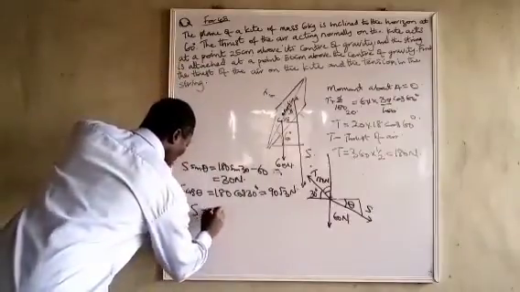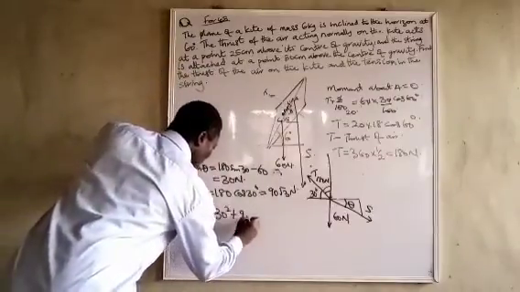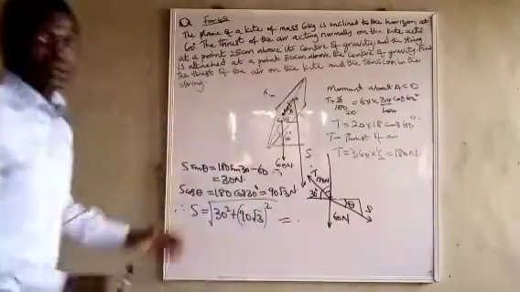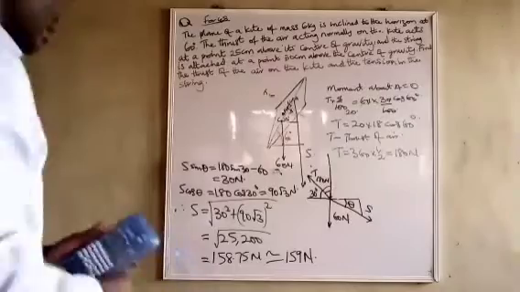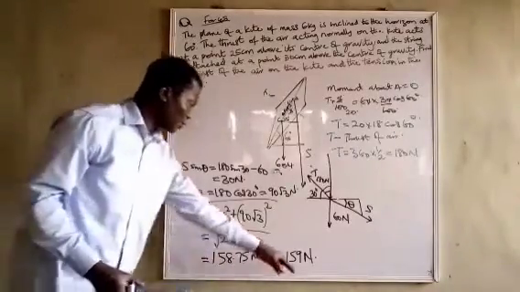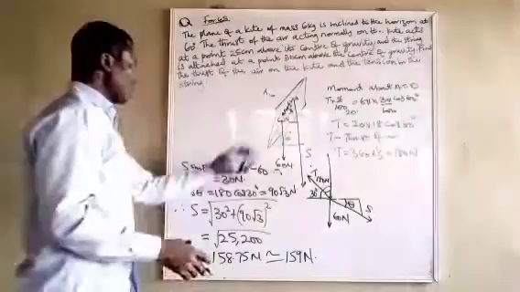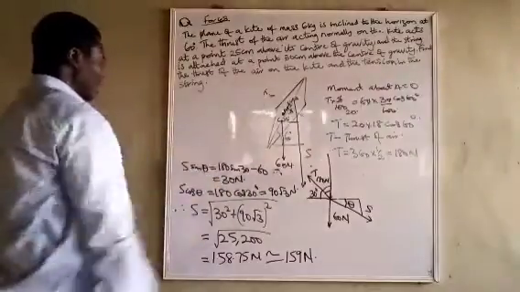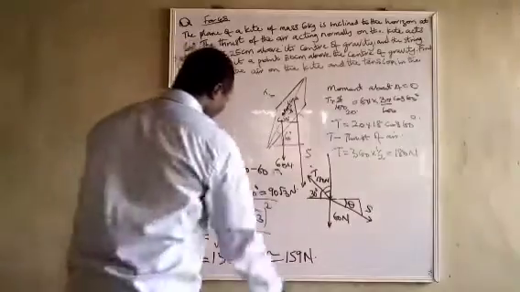Therefore, S will be equal to the square root of 30 squared plus (90 root 3) squared. And let's see what that one will give us. So you can see S is approximately 159 Newton. You can also find its direction since we know what the vertical and the horizontal components are.